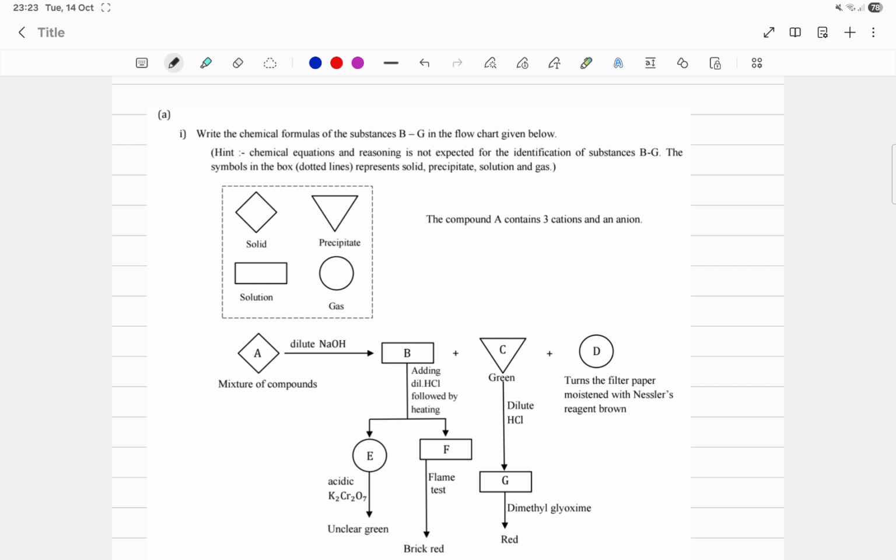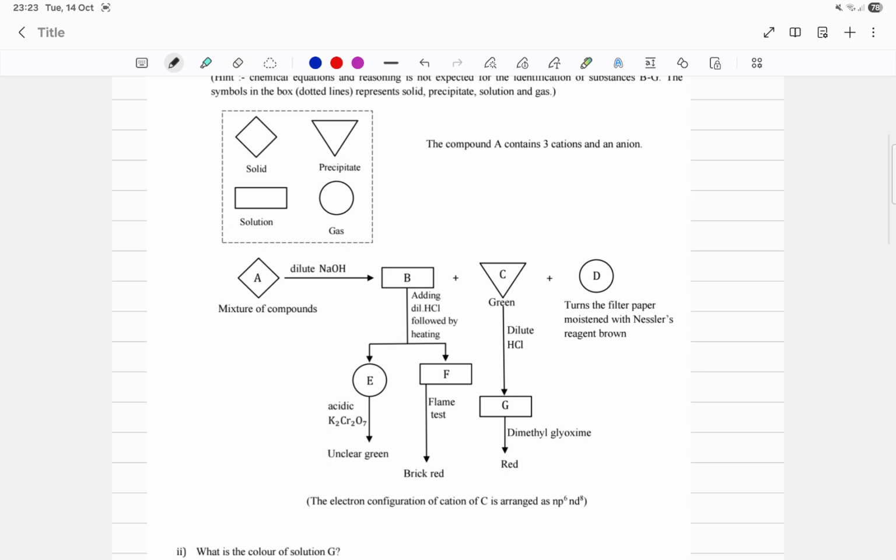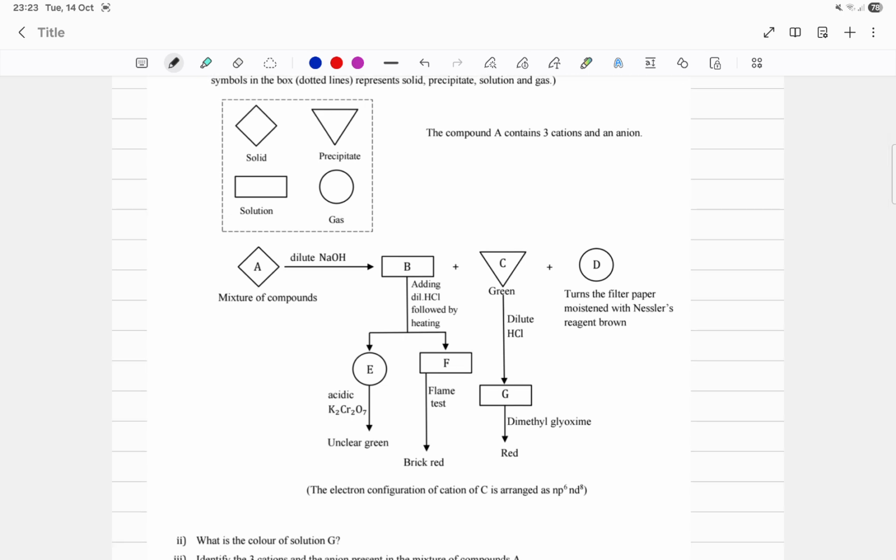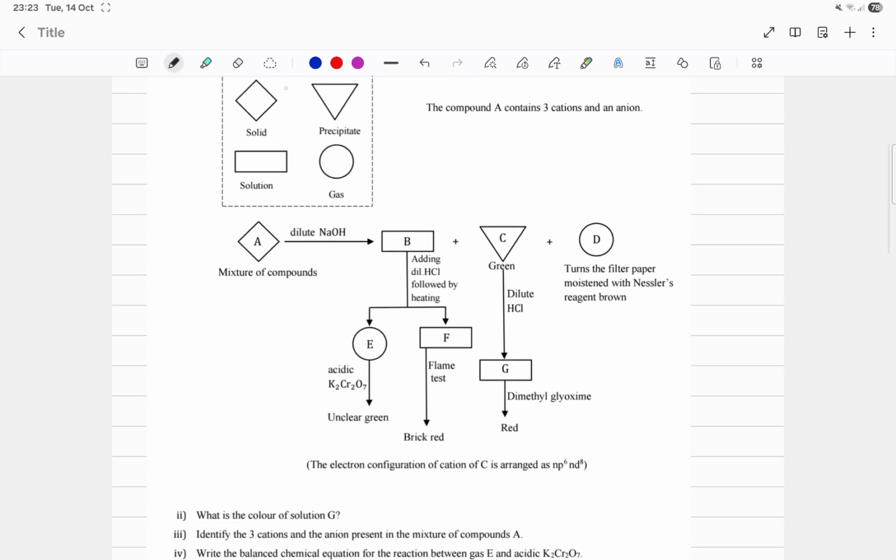We just have to find out the substances they have given. Some easy points are there for you to identify the result.